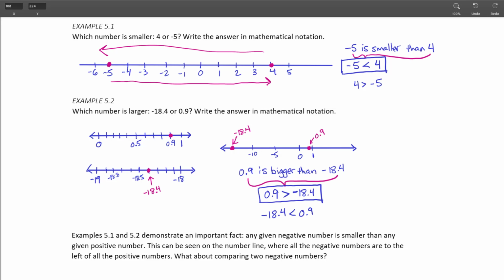So really, in examples 5.1 and 5.2, knowing that this is always true, we could say 4 is greater than negative 5, and 0.9 is greater than negative 18.4, simply because 4 is positive and negative 5 is negative, and 0.9 is positive and negative 18.4 is negative. However, the review of number lines that we went through to do those examples is going to come in very handy.